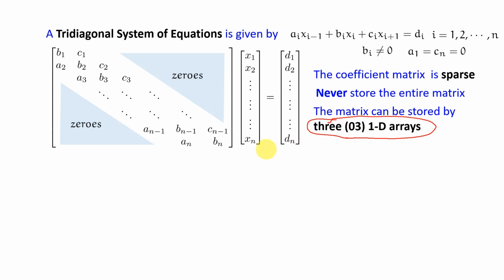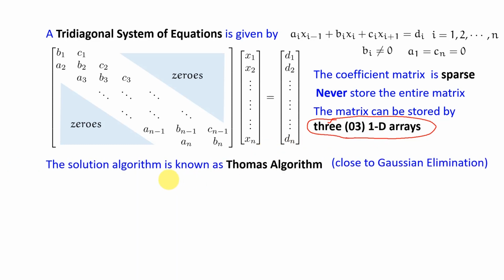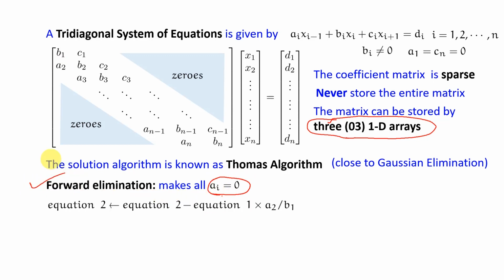Now our goal is to make these A's zeros, and that is the step we call forward elimination. So how can I do so? For instance, I take equation 2, which means row 2 in our coefficient matrix.